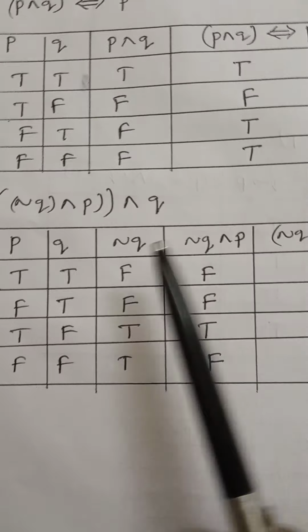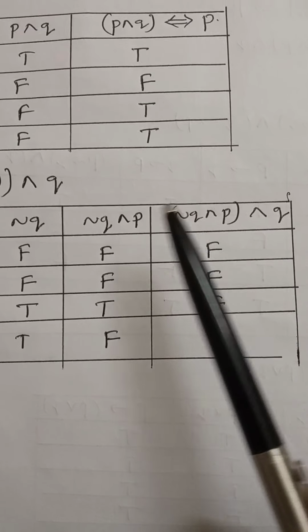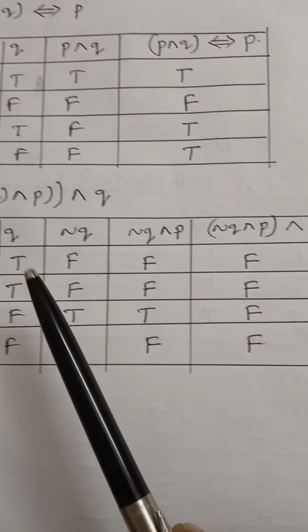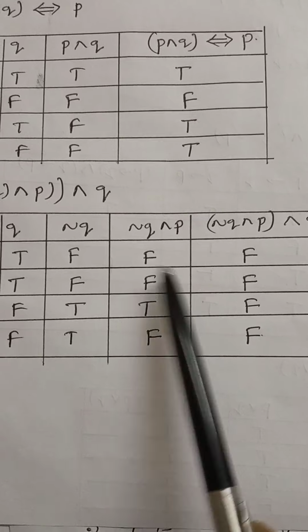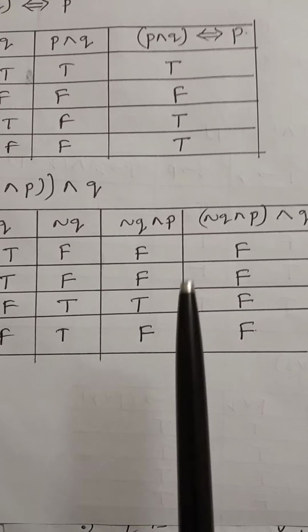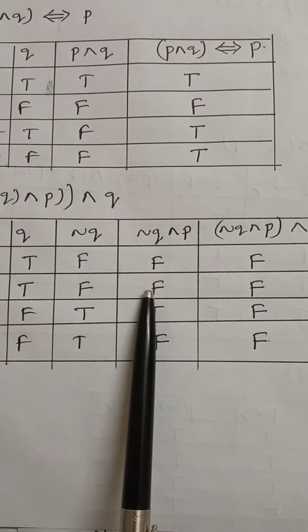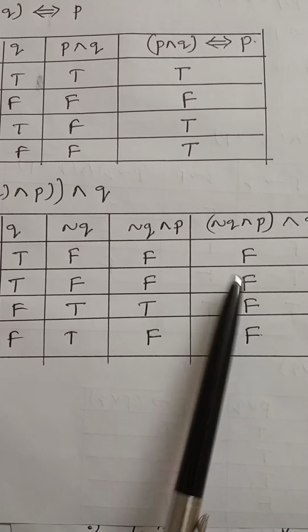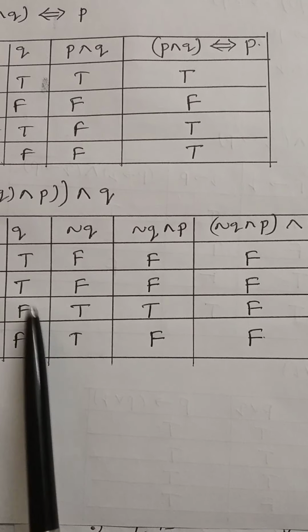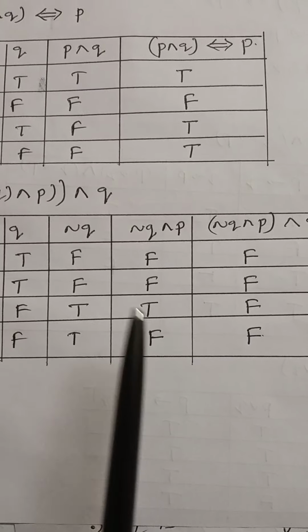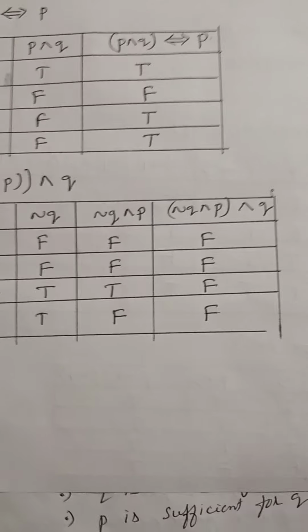True and true, true. True and false, false. Next one, this one and Q, these two we have to concentrate. Right? Now false and true, false. False and true, false. True and false, false. False and false, false. Right?